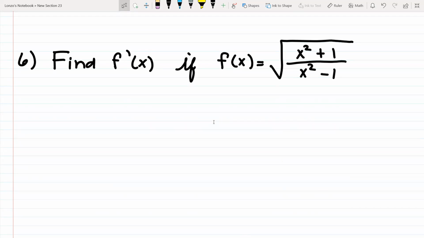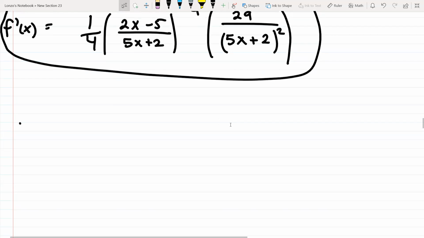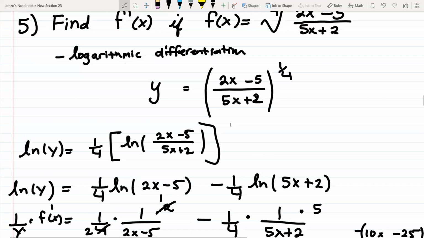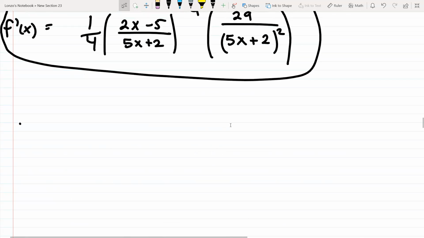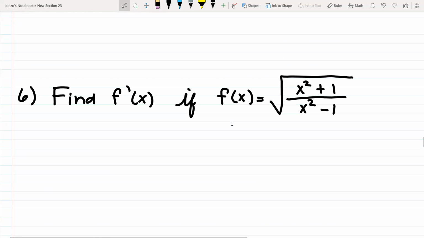So number 6 is just like number 5. You can either do power rule, or first off, I'm going to write it as a power.